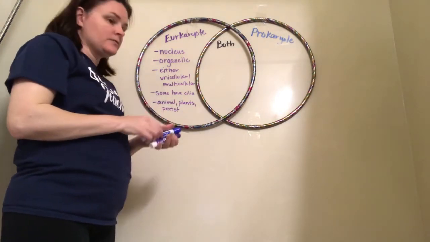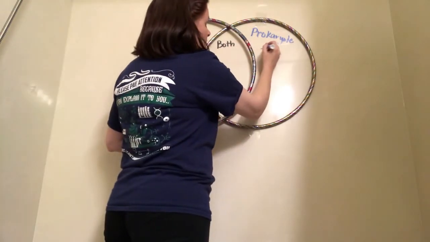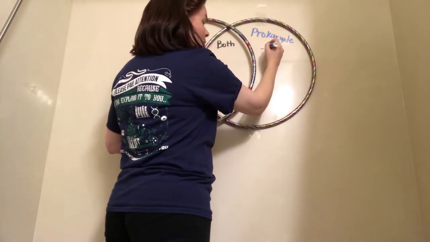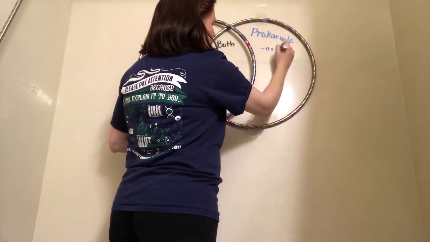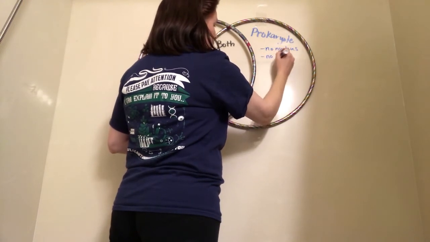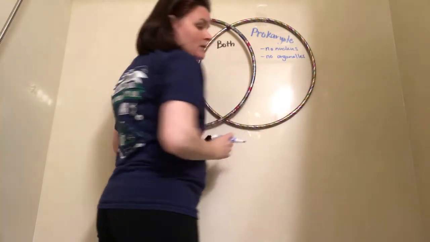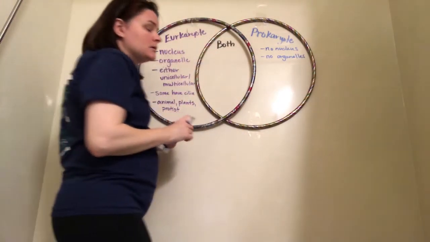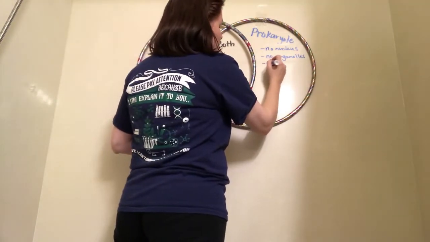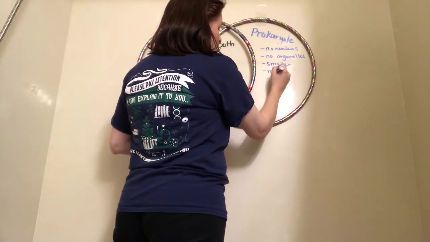So now let's go over to our prokaryotes. We know right off the bat that prokaryote means no nucleus or before nucleus, so they have no nucleus, which means they have no organelles that are membrane bound. Okay, so they are smaller. In some cases, they can be more abundant.